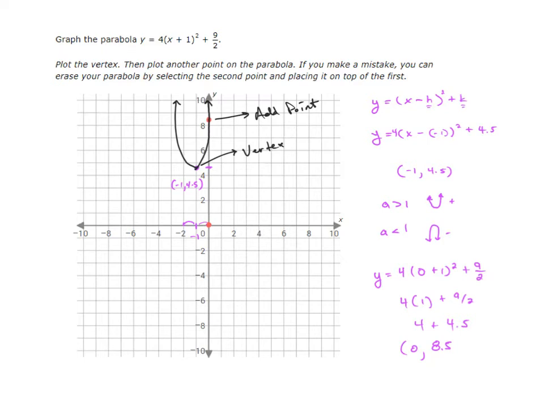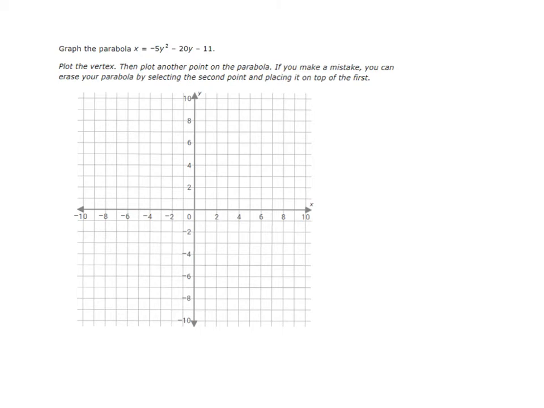Now the problems start to get a little bit more challenging, and you end up with something like this. And this is no longer in vertex form. This is actually in standard form. And this is a little bit of a review from last year, where you had ax squared plus bx plus c. You had this standard form, vertex form here, standard form, but notice that it has x equals.